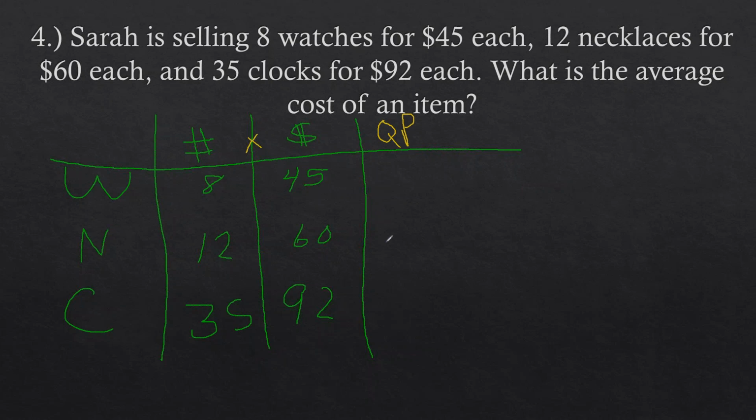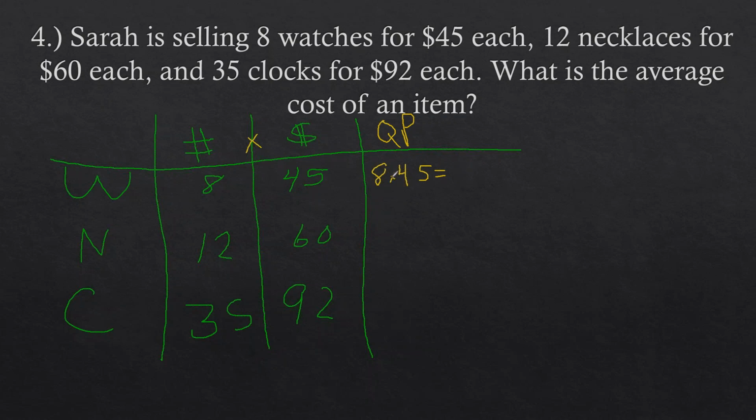What is this giving us? The total cost of everything? Total cost. Yes, total cost of the watches, total cost of the necklaces, total cost. Fabulous. My life is a whole lot easier when you guys know things. I appreciate it. Or I guess when you answer questions.